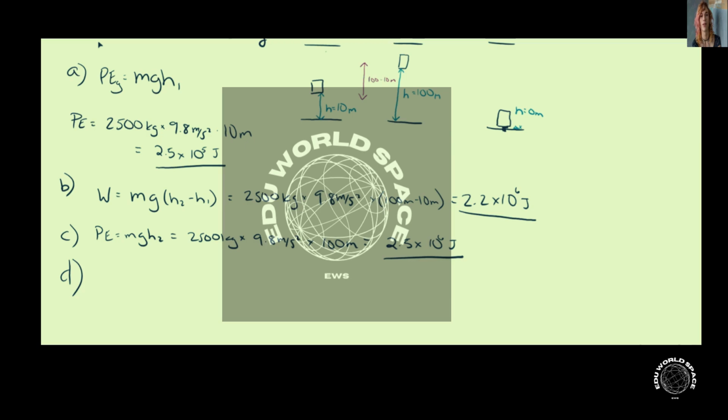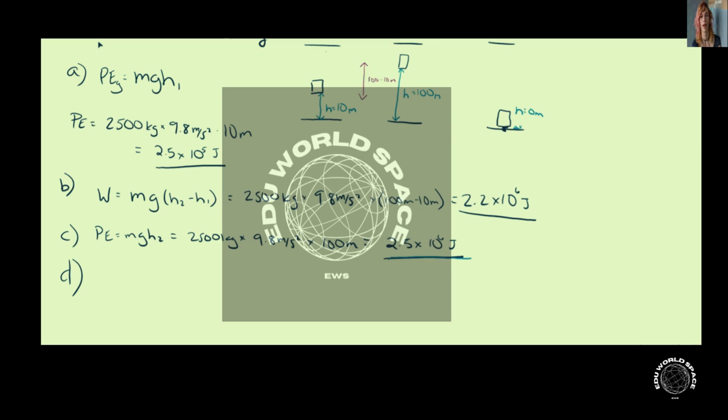So we can just take the energy at position 2, when it is at rest at a height of 100 meters. That was what we found in part C. So the total energy there is 2.5 times 10 to the 6 joules.